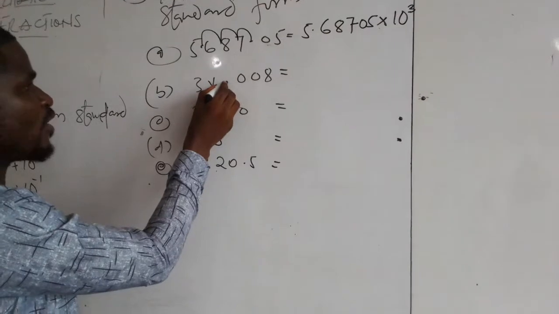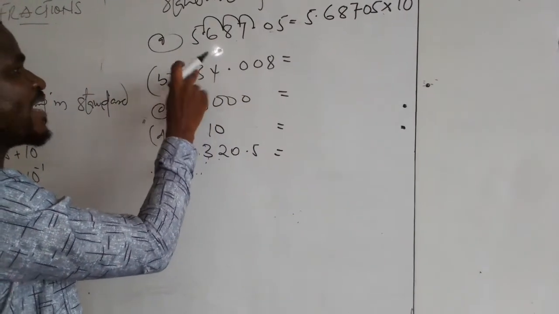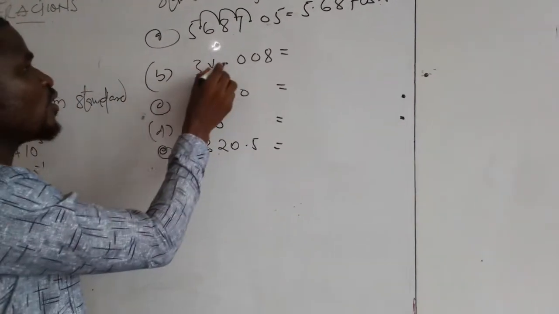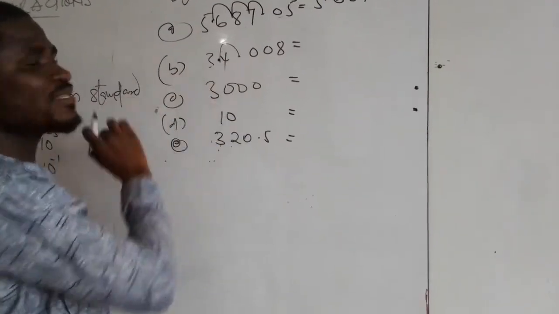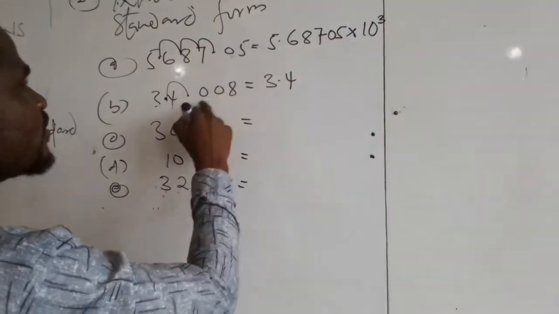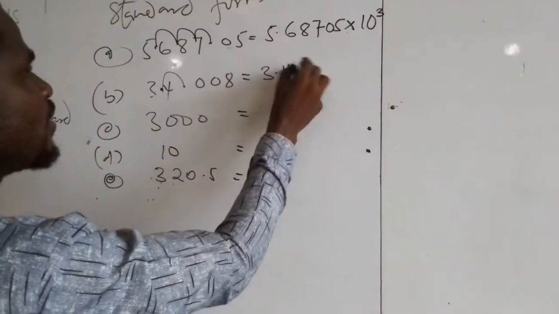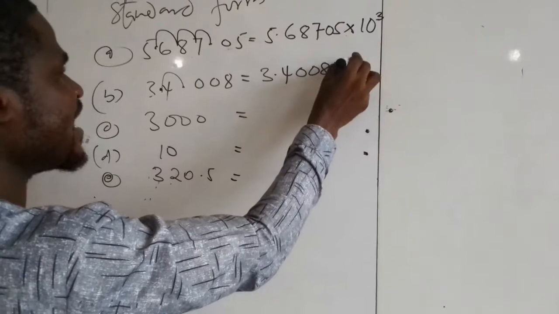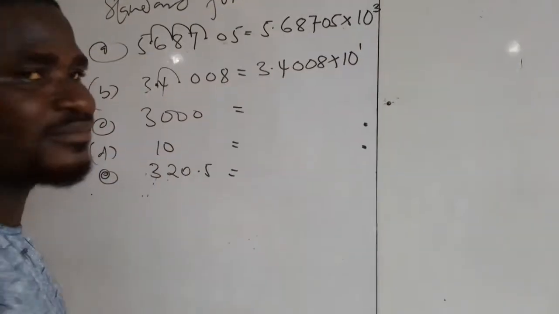Now let's go to the second one. Now I'm moving from here to my first and second SF. So 1. I moved once. So I'm going to have 3.4. Now bring the numbers back: 008 times 10 exponent 1.